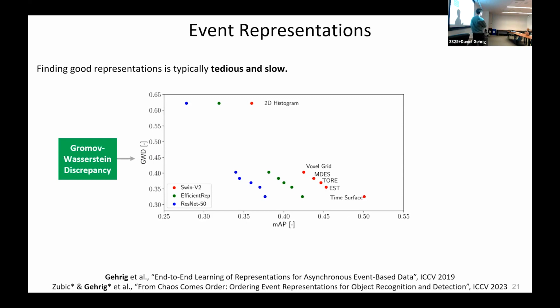Because we saw that if you increase the number of channels, of course, you reduce the information loss. So here we have 12 channels, here 12, and for the time surface we sample the time surface at 12 separate instances. So it's more like a stack of time surfaces over time.